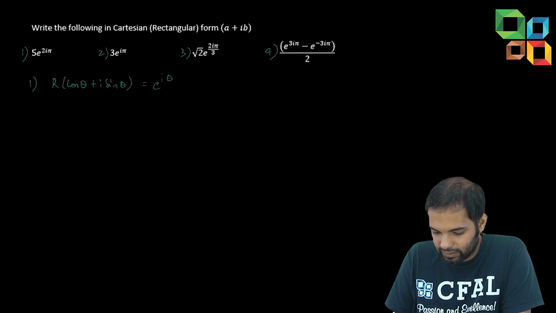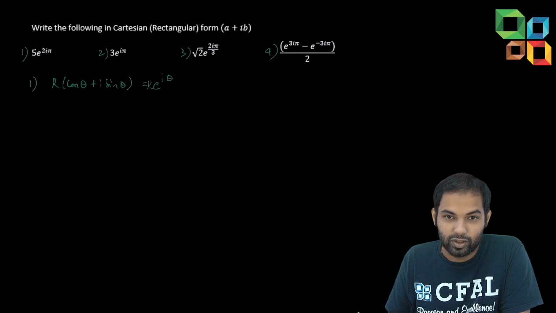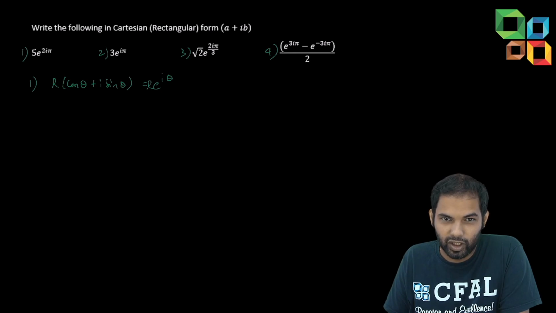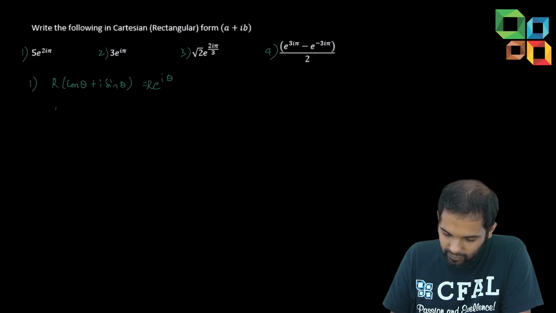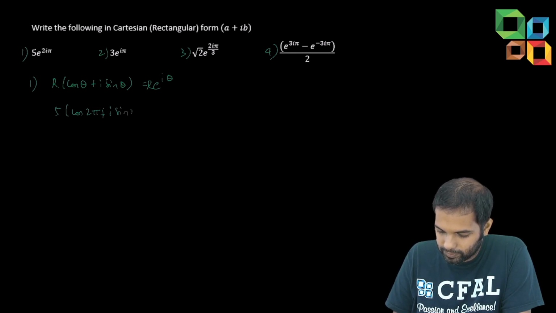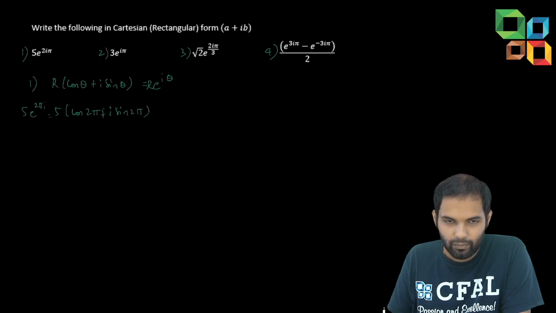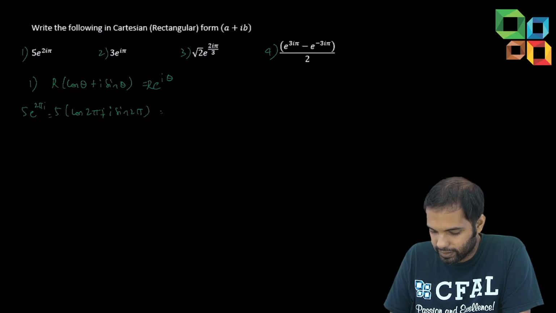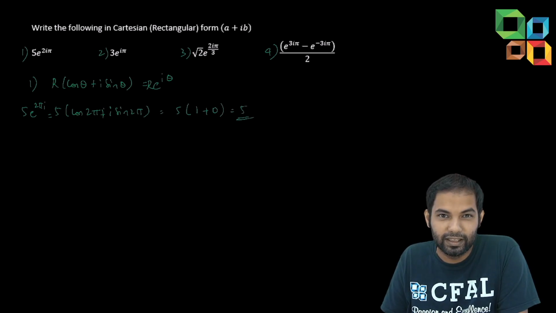E power i theta, this theta will go there and r will remain outside, using Euler's form itself. So it is 5 times cos 2 pi plus i times sin 2 pi, because it is 5 e power 2 pi i. So what is it? 5 times cos 2 pi is 1 and sin 2 pi is 0. Can you see that? It's nothing but 5, a real number.